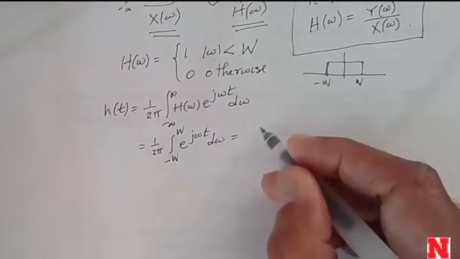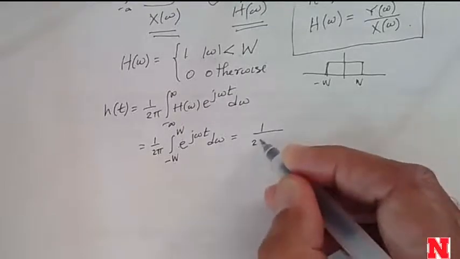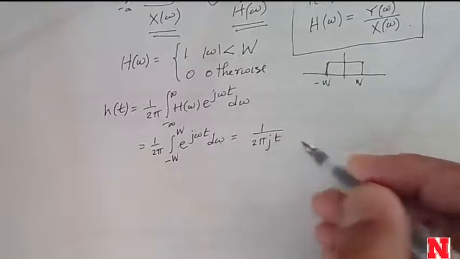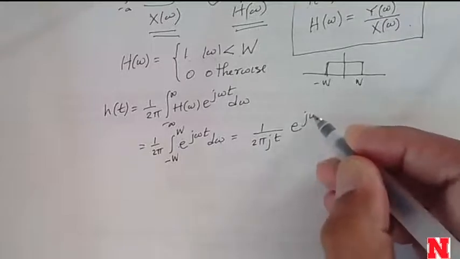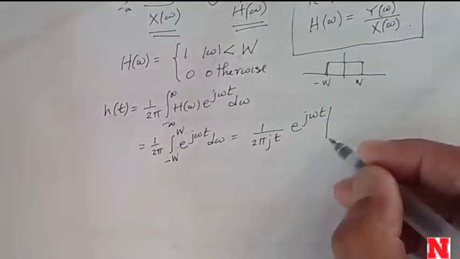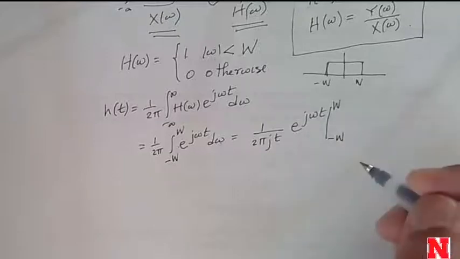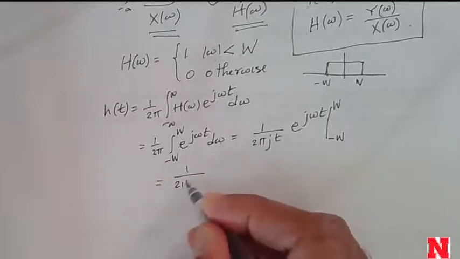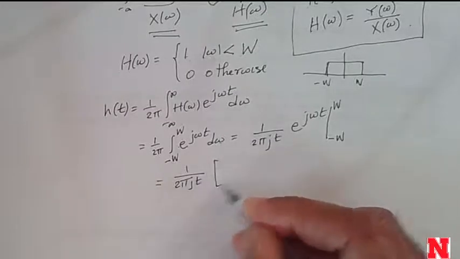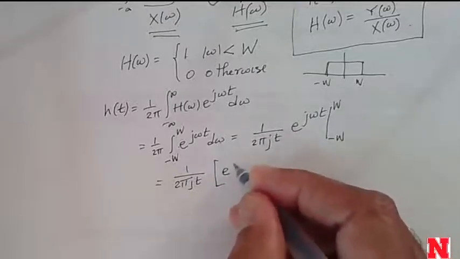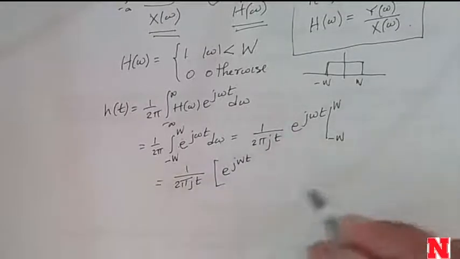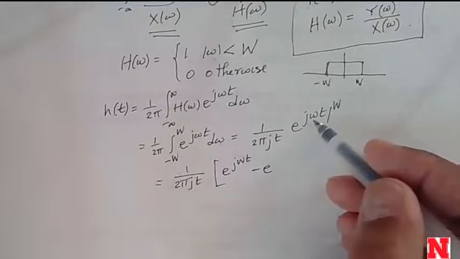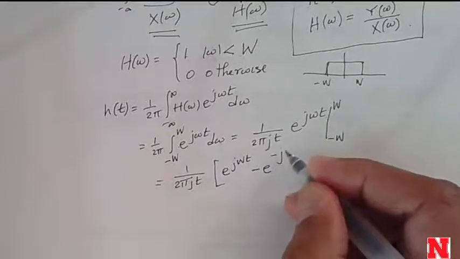And so this is equal to 1 over 2 pi. Remember, the integral is with respect to omega. So 1 over 2 pi jt, e to the j omega t evaluated between minus W and plus W. Plugging in these values, I get e to the j Wt minus e to the minus j Wt.